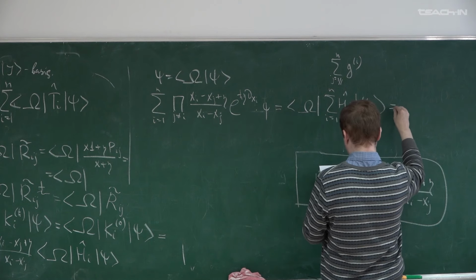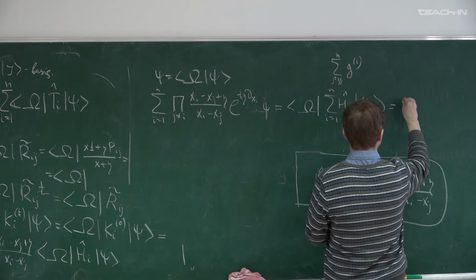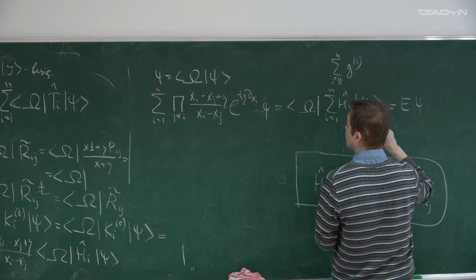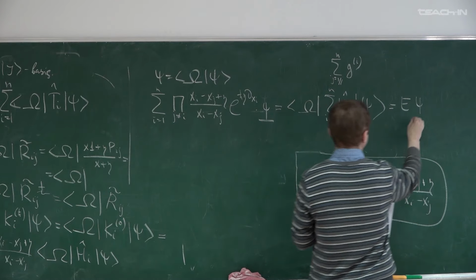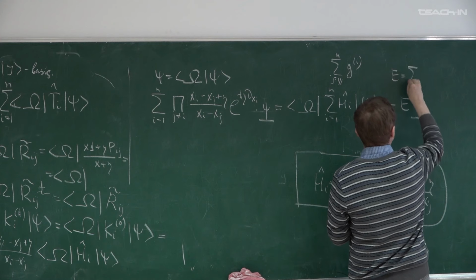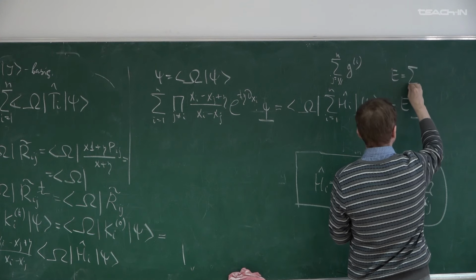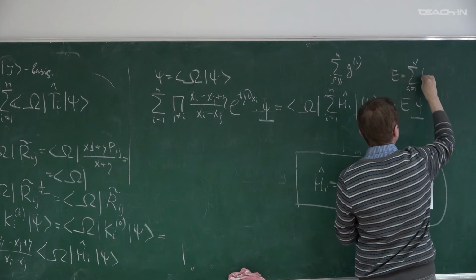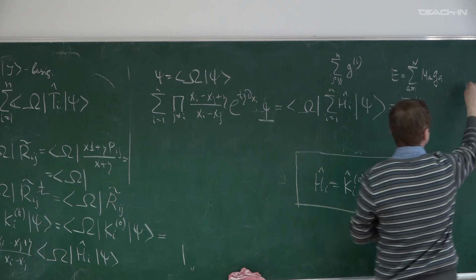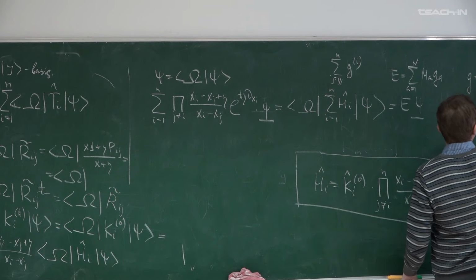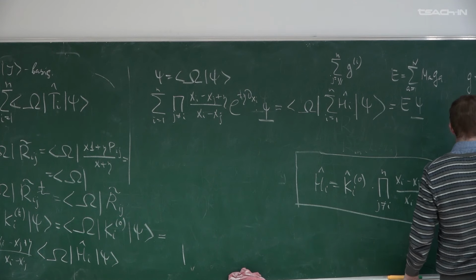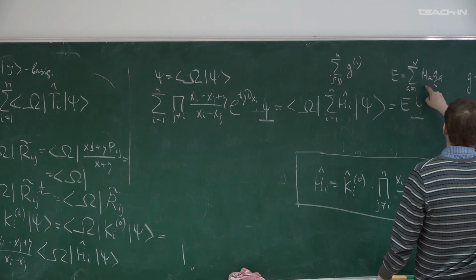The final answer will be e to psi, where we have this Schrödinger equation, and this eigenvalue is the following expression. These ji are just components of the twist matrix, and these are multiplicities.